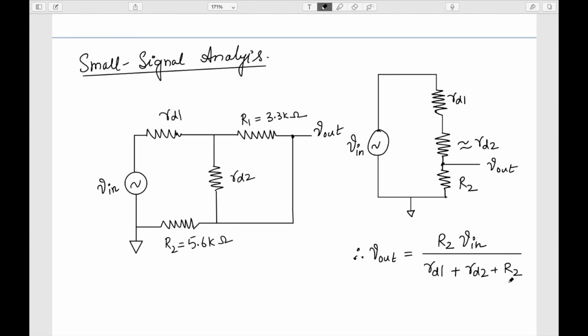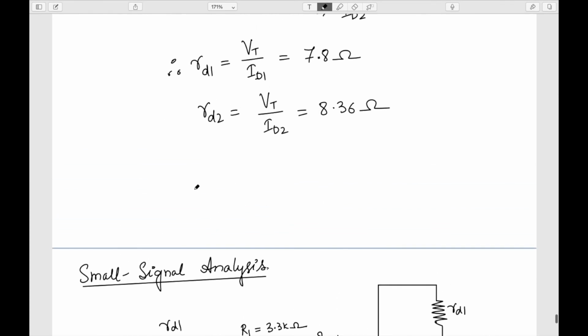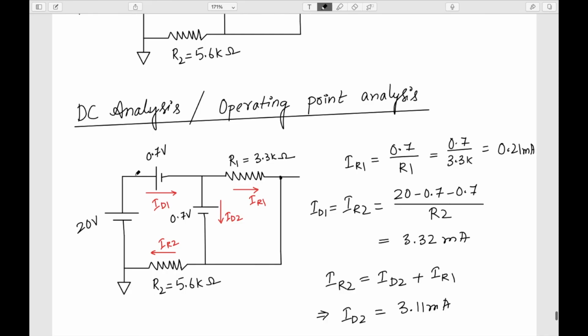So this is how we can find out the change in V out with respect to the change in V in with this type of small signal analysis. Many students have asked: I have considered this small resistance RD for small signal analysis, so why have I not considered this small resistance while doing the DC analysis?